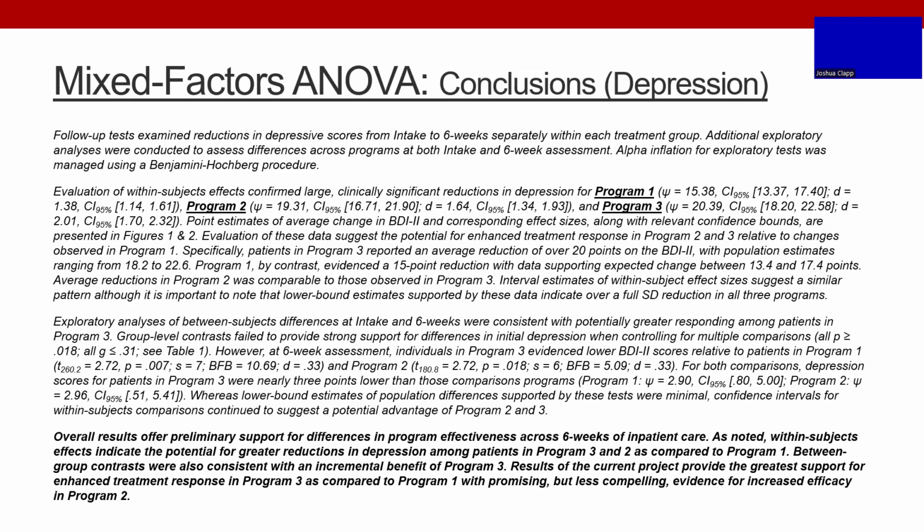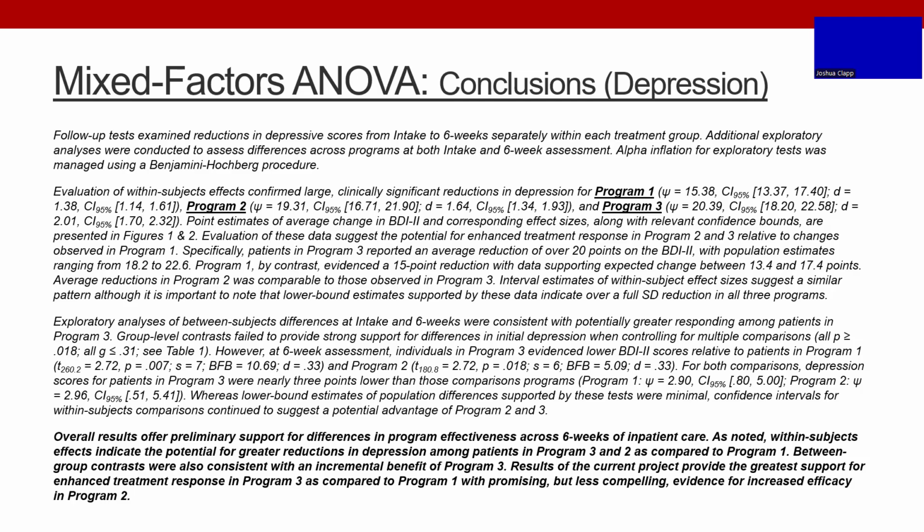Evaluation of the data points suggests potential for enhanced treatment response in programs 2 and 3 relative to changes in program 1. Specifically, patients in program 3 report an average reduction of over 20 points on the BDI, with population estimates ranging from 18 to 22. Program 1, by contrast, had evidence of a 15-point reduction, with changes between 13 and 17. Average reductions in program 2 were comparable to those in program 3.